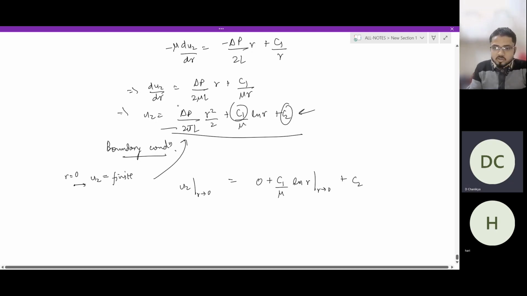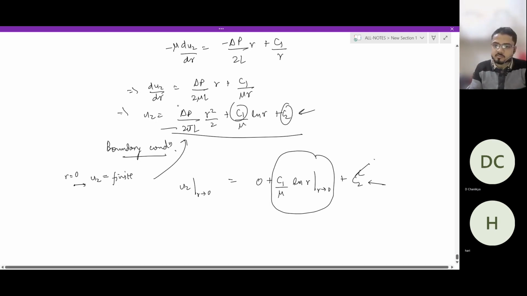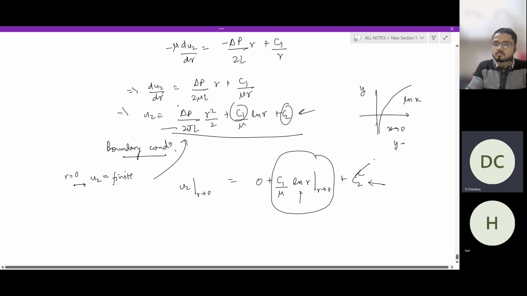Okay, so this term, irrespective of the value of c2, this could be anything, this could be 0, this could be 1 or anything, it doesn't matter to us at the moment. But this part, how does a log graph go? Like this, right? This is the graph for ln x. So at x tends to 0, y tends to minus infinity, right?